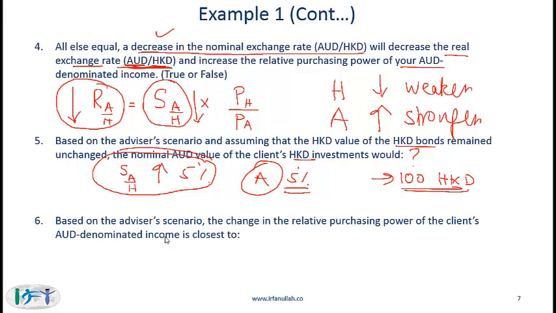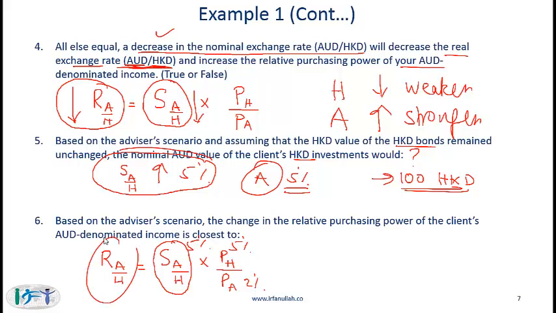And finally, based on the advisor's scenario, the change in the relative purchasing power of the client's Australian dollar denominated income is closest to what? In the advisor's scenario, the spot rate is up by 5%, Hong Kong prices are up by 5%, and the Australian prices are up by 2%. So the change in the purchasing power can be calculated as follows.